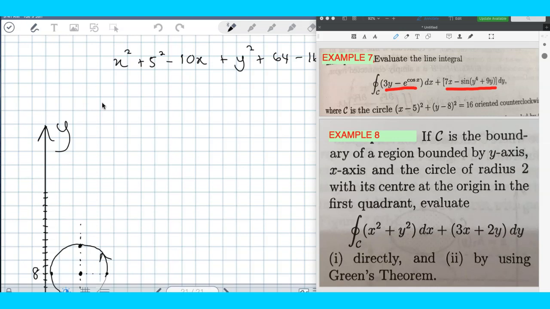So now we have x squared plus 25 minus 10x plus y squared plus 64 minus 16y equals 16. So x squared plus y squared minus 10x minus 16y.